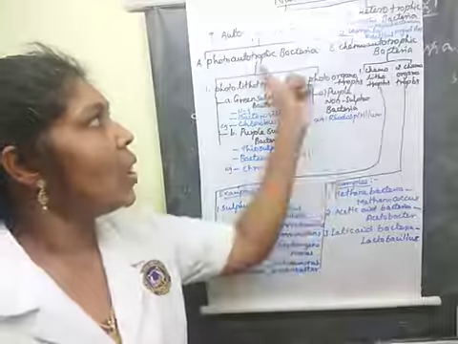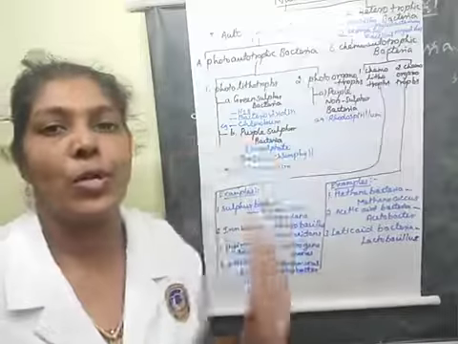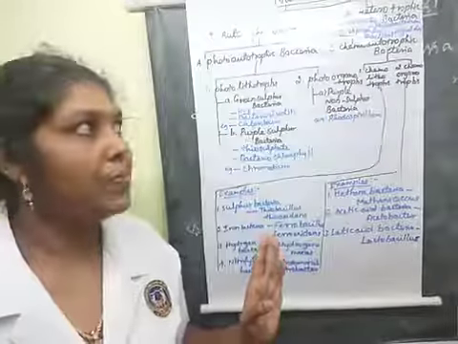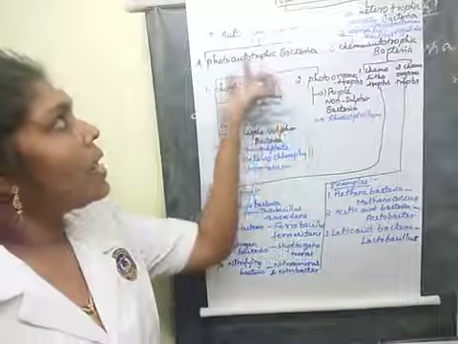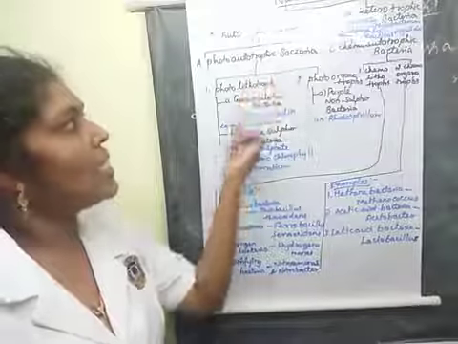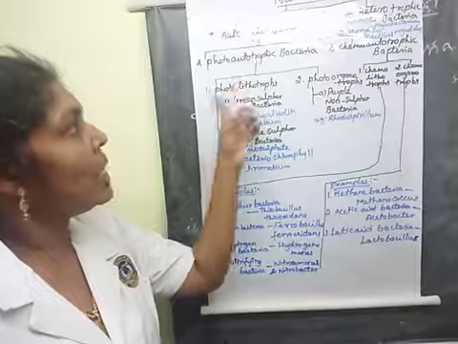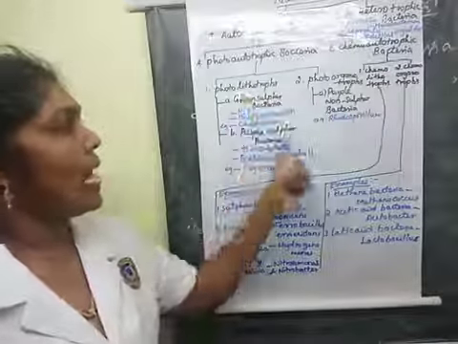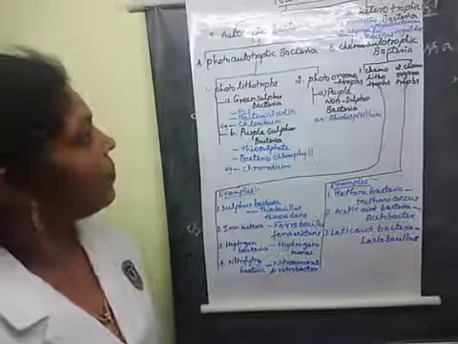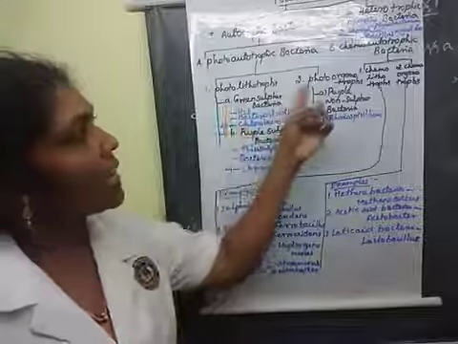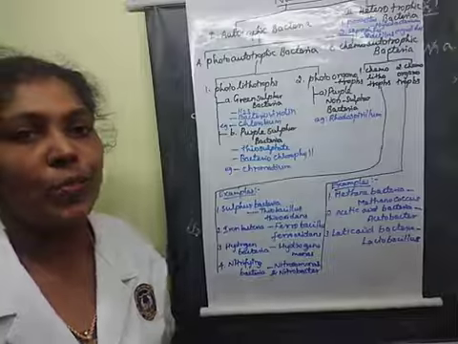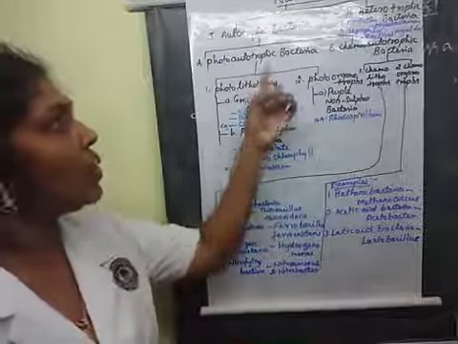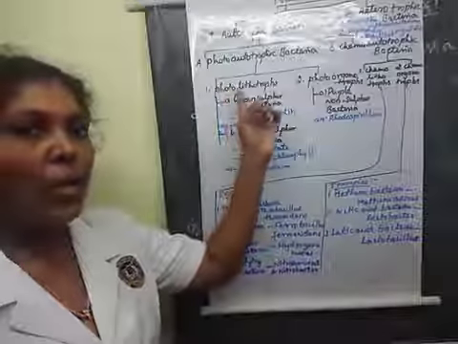So this is photoautotrophic bacteria and chemoautotrophic bacteria. Next, the photoautotrophic bacteria also come under two types, that is photolithotrophs and photoorganotrophs.